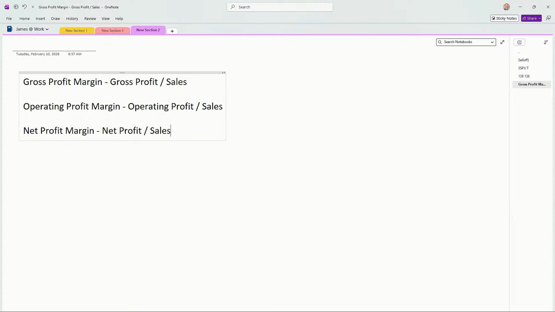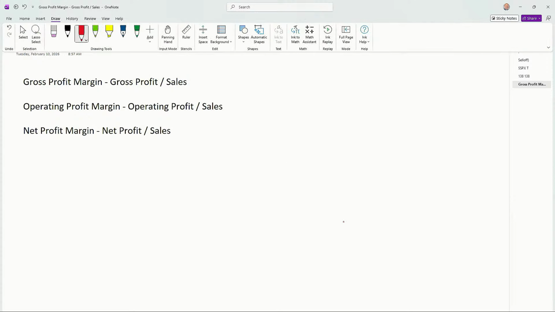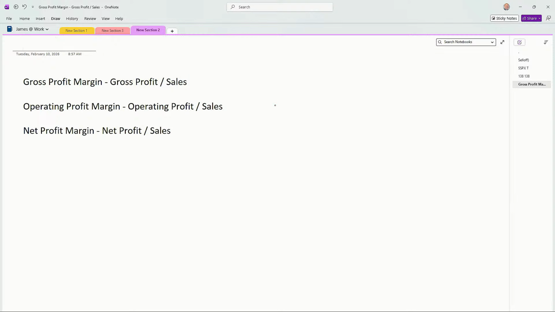Now, when we look at gross profit, operating profit, net profit margin, are these looking at yearly stats per se, or are these quarterly stats? We got to at least know that first. Are these annual? Are these every 5 years? These are quarterly, okay?